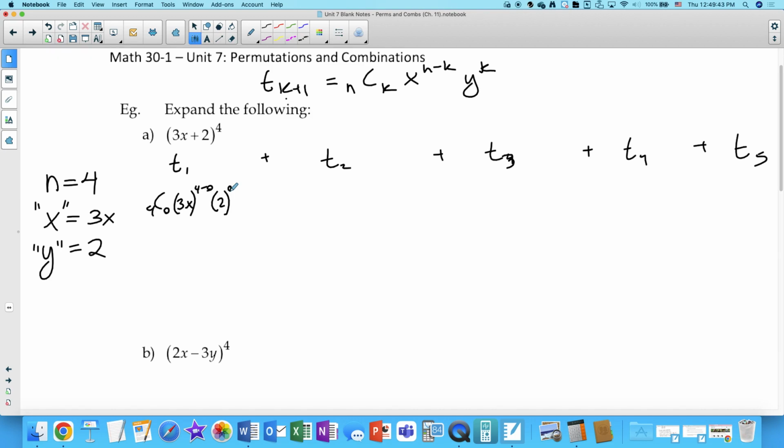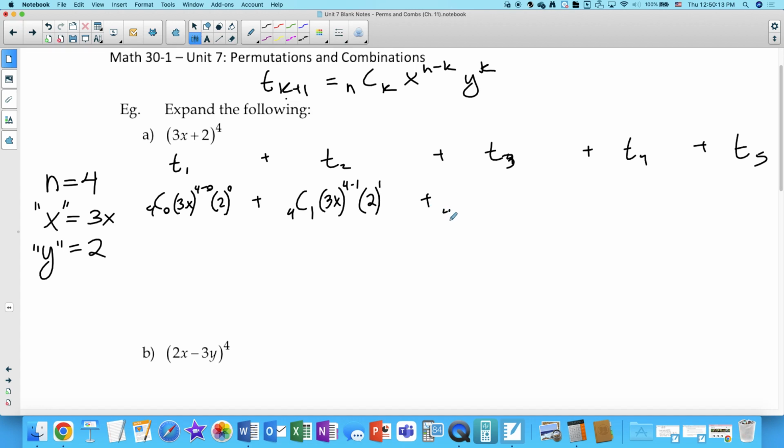The second term is, if the term number is 2, k is 1. So 4 choose 1 times 3x to the 4 minus 1 times 2 to the 1. In the third term, k would have to be 2, because k plus 1 is 3, so k is 2.